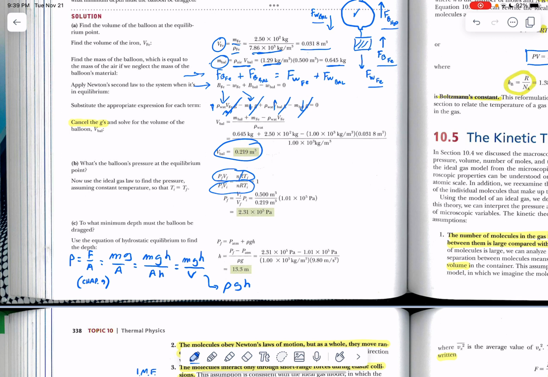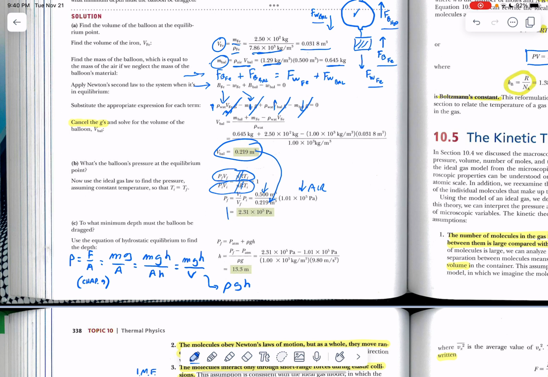Again, the R's are going to cancel, the amount of gas is going to cancel, and when I plug in my volume of the balloon down here, and this volume was given to you earlier in the problem, here is the air pressure. You remember that from chapter 9.